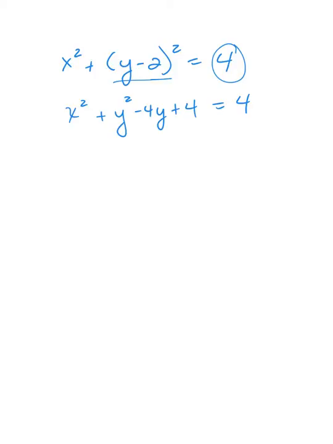X squared plus y squared is r squared. So these two turn into an r squared. And then we have minus 4, and y is r sine of theta, plus 4 equals 4. So what happens when I subtract 4 from both sides? Equals 0. And this 4 goes away.